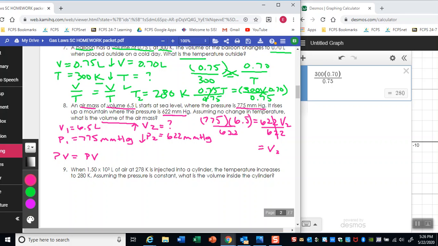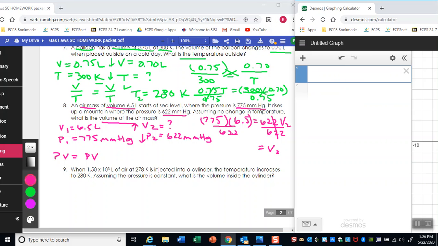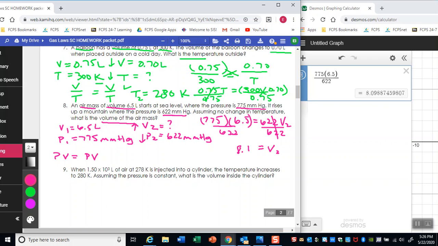So let's come over here, and we'll do 775 times 6.5 divided by 622. And let's see, what do I want to go out to? My volume was in 2 significant digits, so this would be 8.0. Look to the next one, and it's a 9, so that means it's going to go up to 8.1. And then the units I had were liters, so I'm going to do liters.